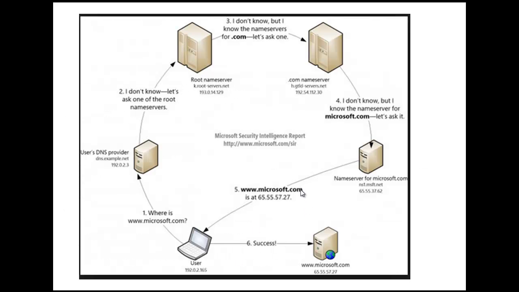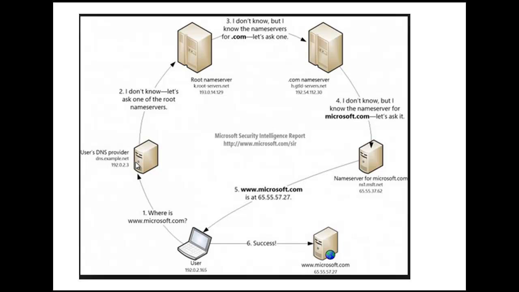Let us look at this diagram to see how DNS works. So this is you, the user, and you want to access Microsoft.com. So your computer makes a request, you type Microsoft.com in your browser window, and your request goes to the DNS server provided by your ISP.